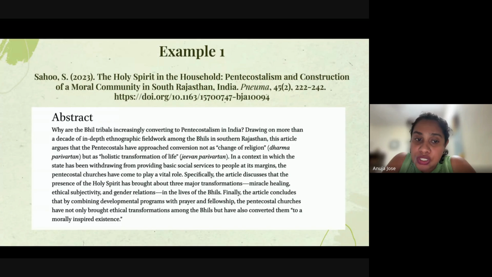The Pentecostal churches have come to play a vital role. Specifically, the article discusses that the presence of the Holy Spirit has brought about 3 major transformations: miracle healing, ethical subjectivity, and gender relations in the lives of the Bhils. Finally, the article concludes that by combining developmental programs with prayer and fellowship, the Pentecostal churches have not only brought ethical transformations among the Bhils, but have also converted them to a morally inspired existence.